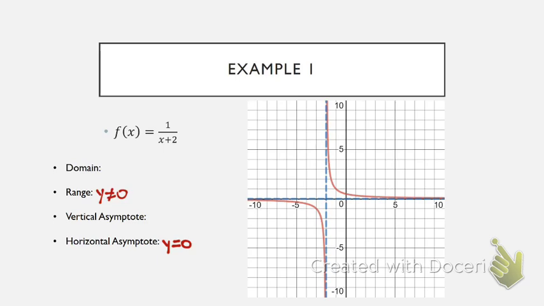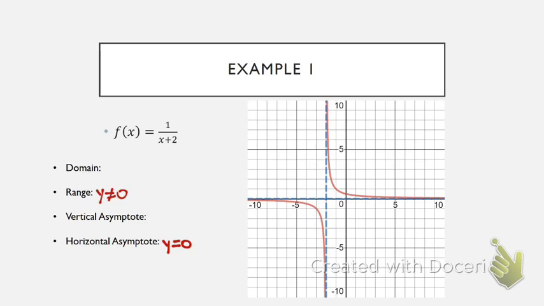So any x value that causes me to divide by 0 is going to give me a vertical asymptote. If you look at this equation, we have 1 over x plus 2. So the x value that's going to cause issues is negative 2. The reason I know it's negative 2 is if I plug in negative 2 where I see x, then I get 1 over negative 2 plus 2, and negative 2 plus 2 is 0.